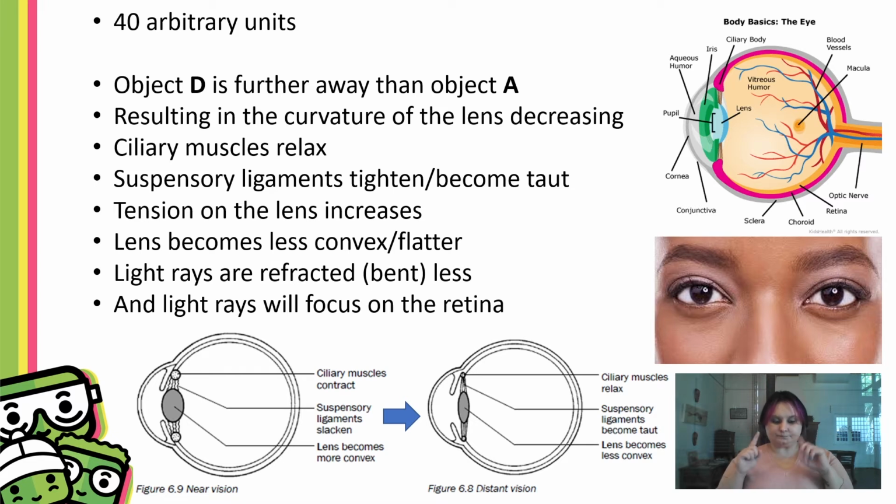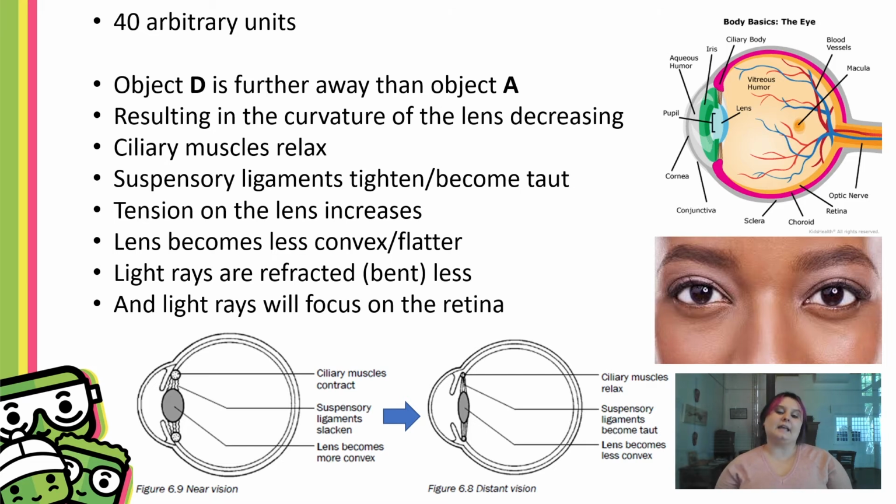Then the suspensory ligaments join to the ciliary muscles and then connect onto that lens, that clear disc that bends or refracts light to enter the right part of the eye. So what happens when we go to looking at something far away from looking at something close? And when I say close, I mean closer than 6 meters. And far away is further away than 6 meters.